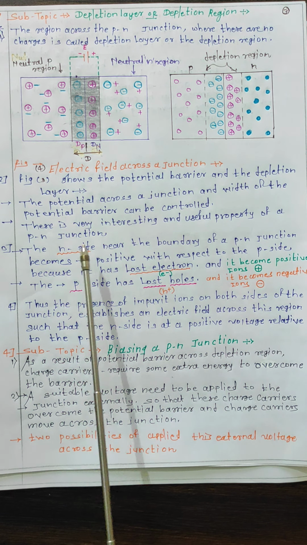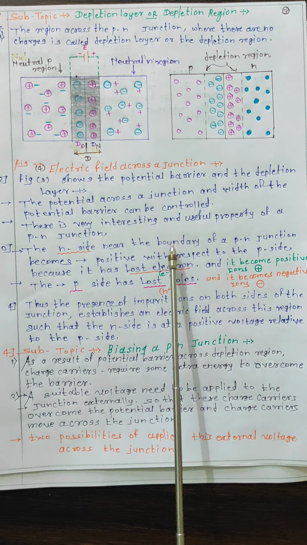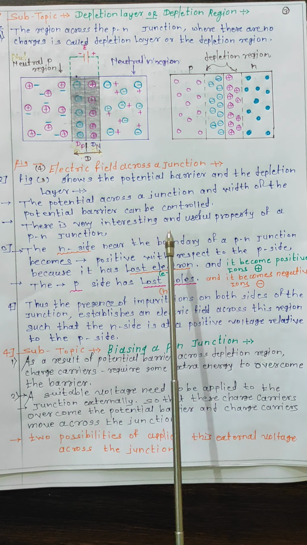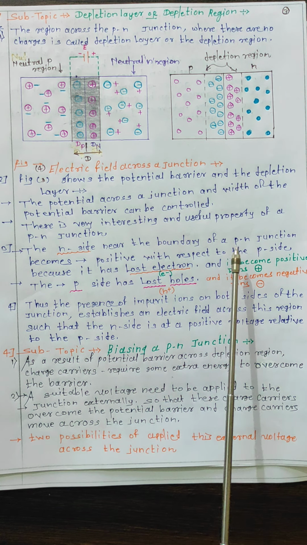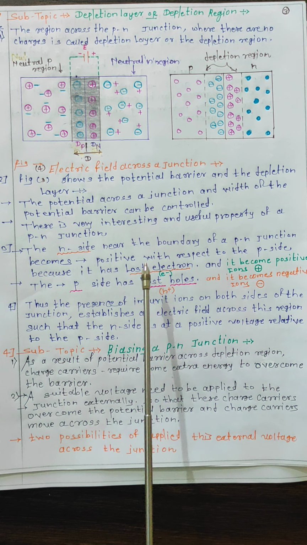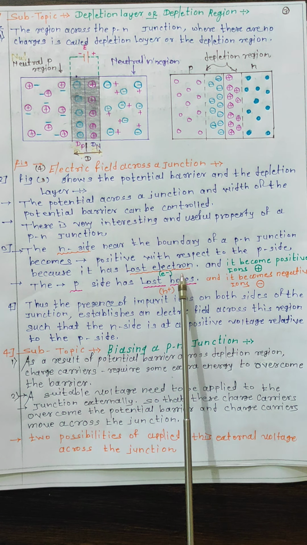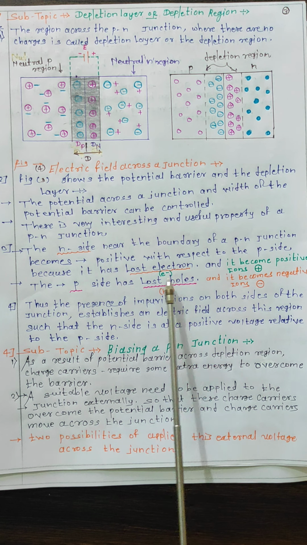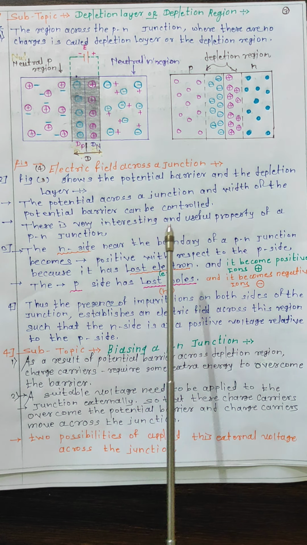Next, the N side near the boundary of the PN junction becomes positive with respect to the P side because it has lost electrons, and the P side has lost holes.